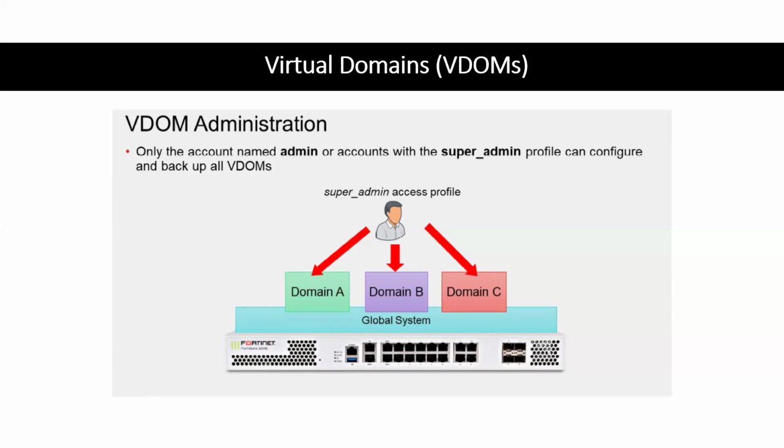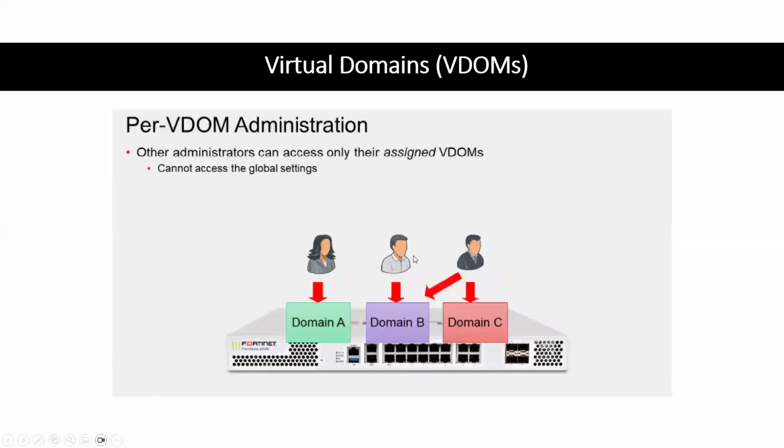Where the segmentation comes in is that whenever you create their account, you specify what virtual domains they have access to. That's where the permit and deny comes in as far as access. Okay, gotcha. But we're going to get into that in a few more slides.